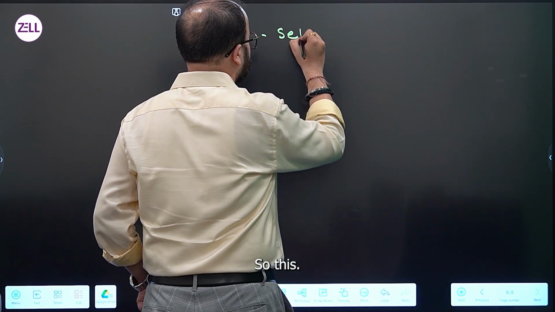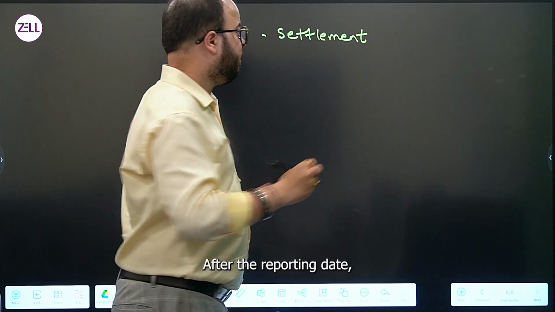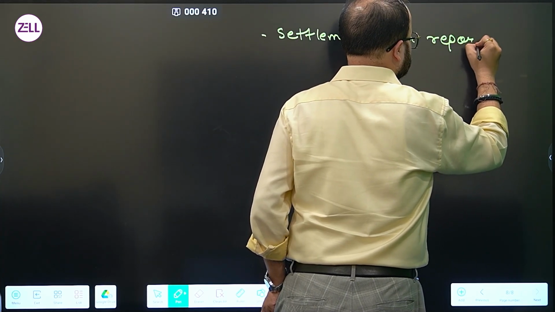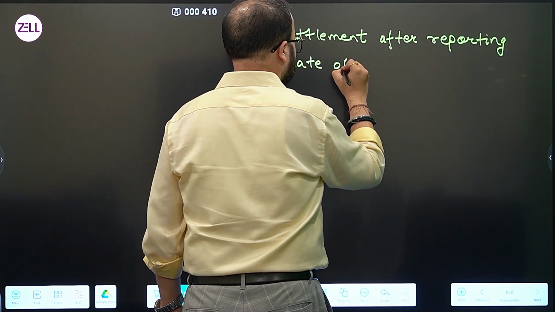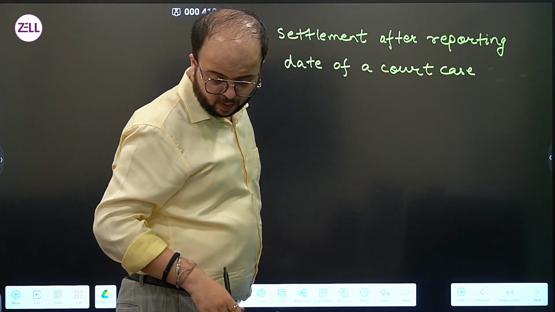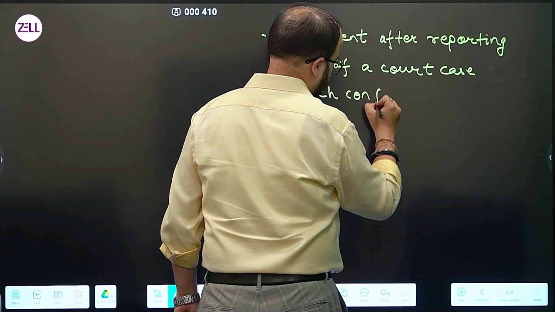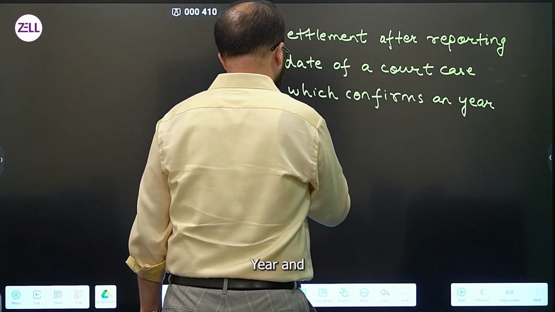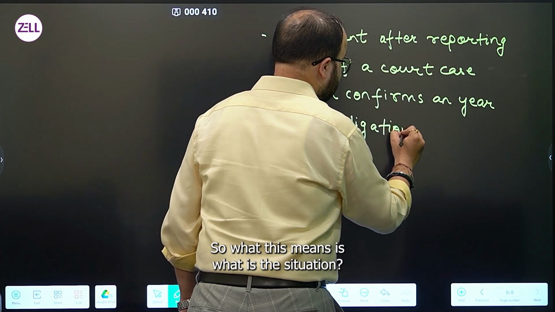So, settlement after the reporting date of a court case which confirms a year-end obligation. So, what this means is, what is the situation?